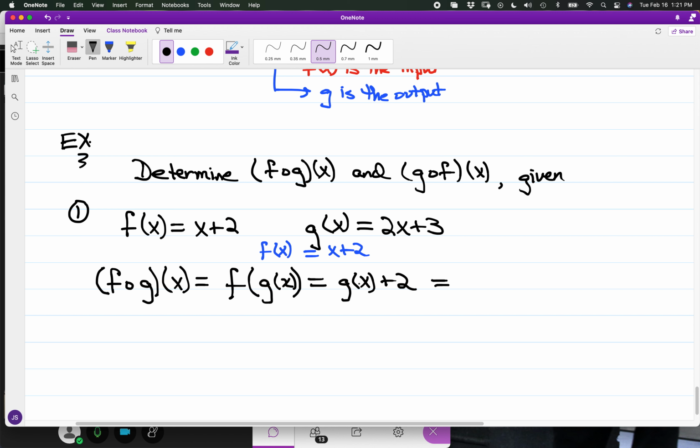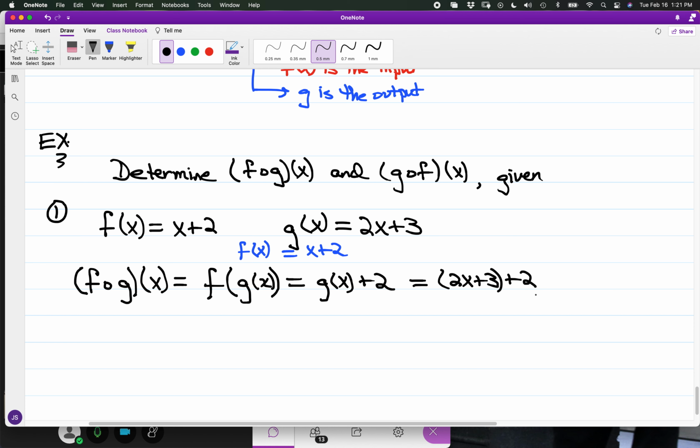And now g of x is specifically 2x plus 3, plus 2. And so by then you can just go ahead and combine. Now f composed with g of x will come out to 2x plus 5.